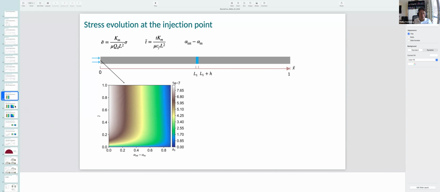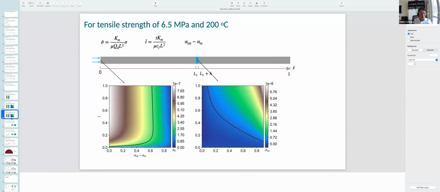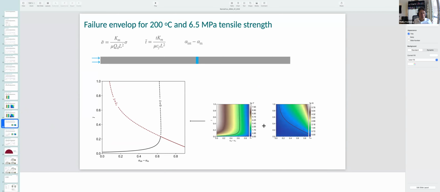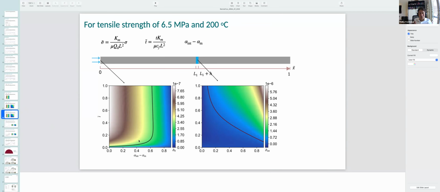So this is the transient effect. If we draw a line where the stress becomes tensile more than 6.5 megapascal, for example, right, the y-axis is the time. So this is when we start, and then the stress evolves like that. In some cases we do not see failure at the injection point.